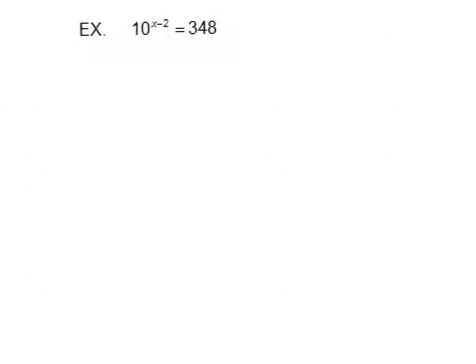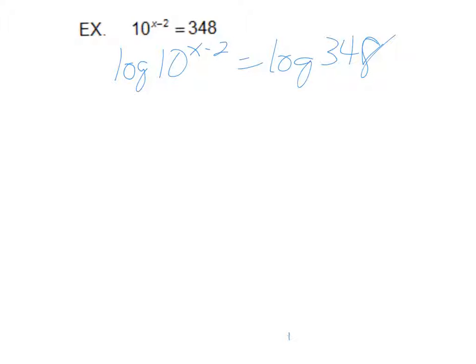The next one is 10 to the power of x minus 2 equals 348. Again, to get the x minus 2 down from the sky, we need to do log on both sides. And then the x minus 2 can move out front. I put it in parentheses if there's more than one term.